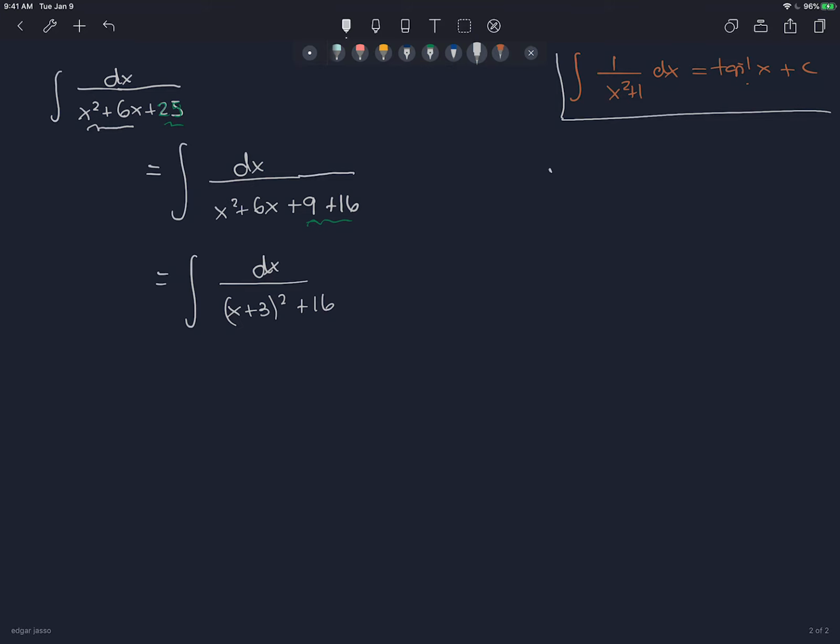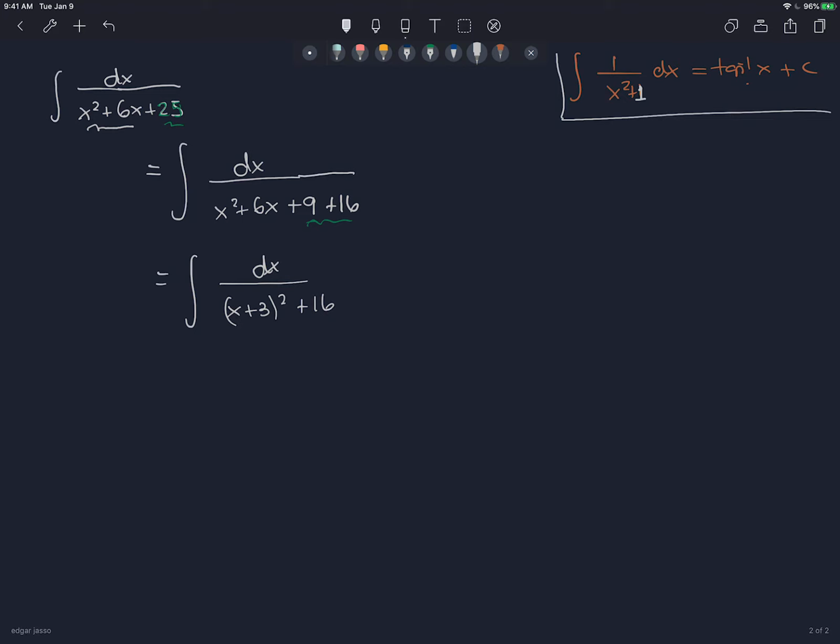I feel like I'm going to have 1 over u squared plus 16, where my u is x plus 3, correct? So I'm on the right track, but to use this rule, I need to have a 1 there, not a 16. So this is going to be wrong, so let me erase this, but we're on the right track.